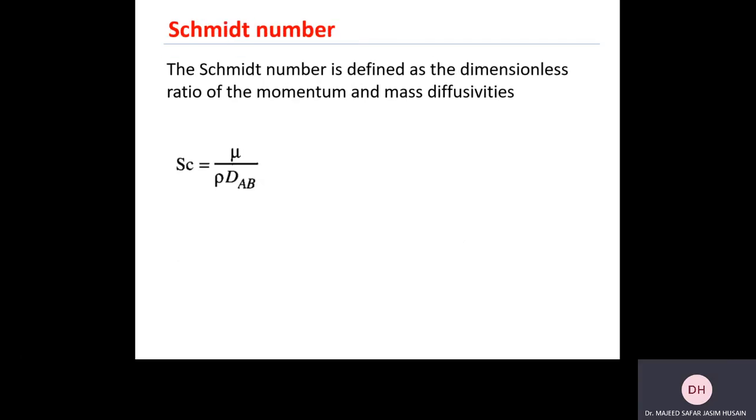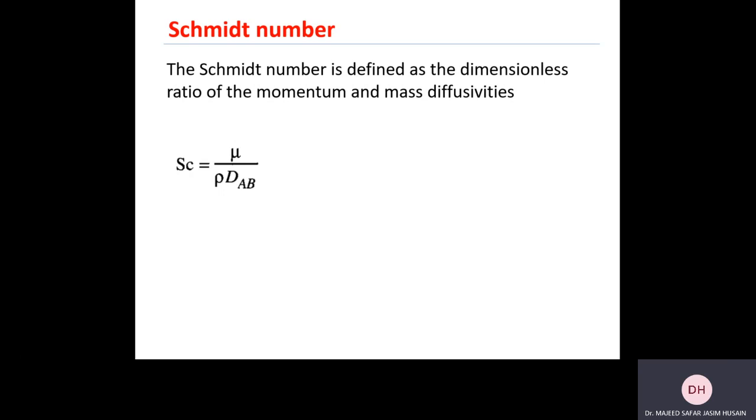Now we are introducing some dimensionless numbers. One of the dimensionless numbers in fluid mechanics was the Reynolds number, for example, the only dimensionless number we have taken so far. They will also introduce some dimensionless numbers in heat transfer. But for me, I'm introducing now the Schmidt number. The Schmidt number is a dimensionless number, which is basically a ratio of momentum and mass diffusivity.